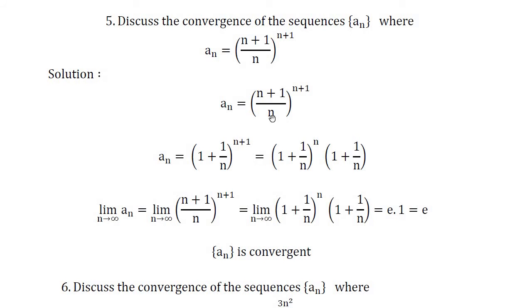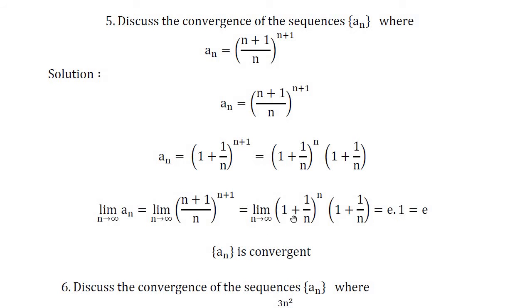That can be written as, we just divide the denominator to each term of the numerator. We get (1 plus 1 by n) whole power n plus 1. Again we split this into two terms, that is (1 plus 1 by n) whole power n into (1 plus 1 by n). Now apply the limits.